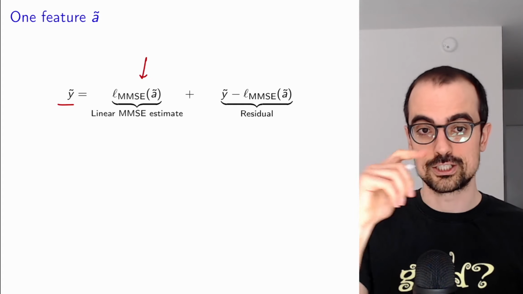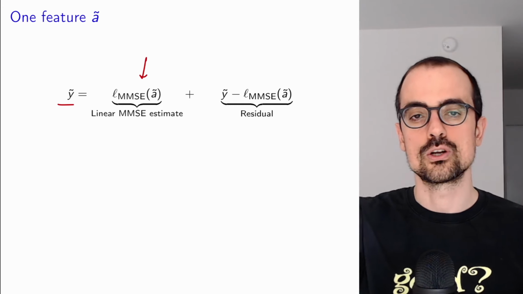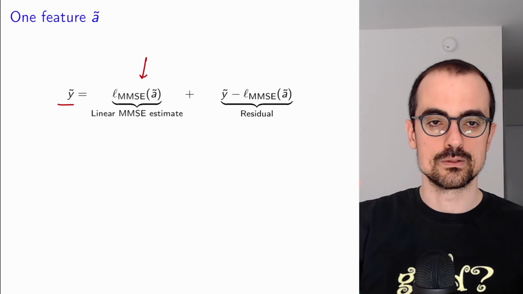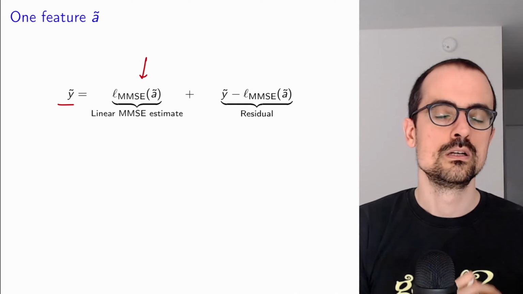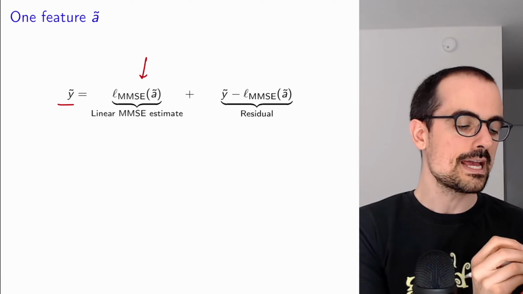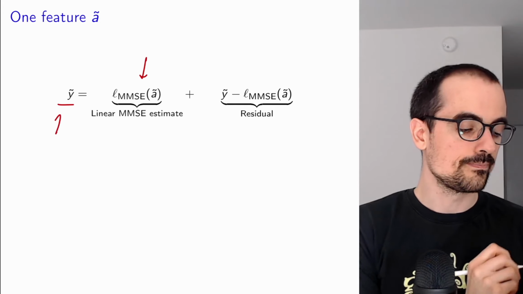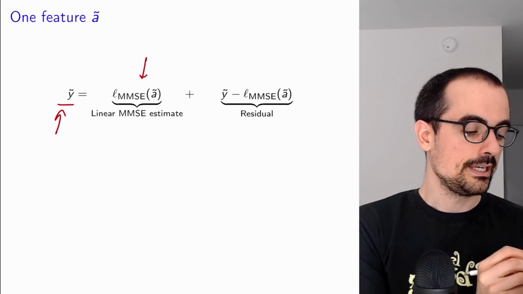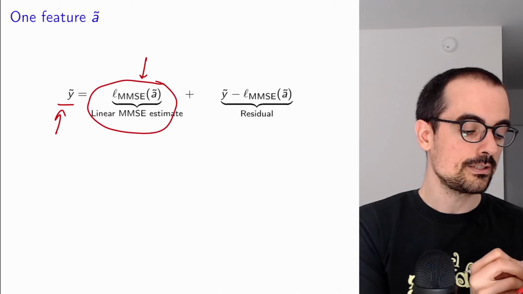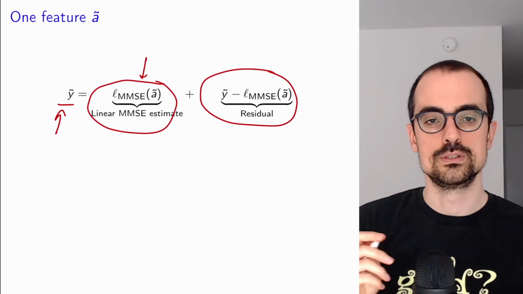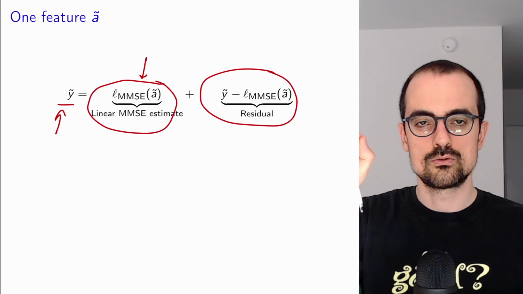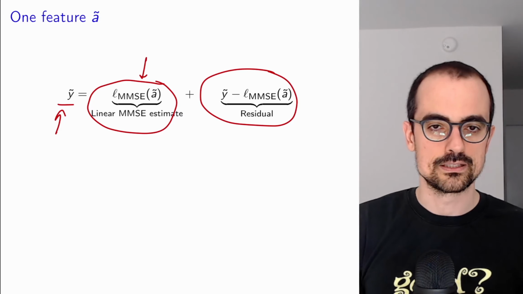Here I'm just calling the feature A to make a distinction with our general case where we have multiple features. Here there's just one single feature, that is this random variable A. We can decompose the random variable y into the linear estimator and the residual, which is just obtained by taking response minus the estimator.